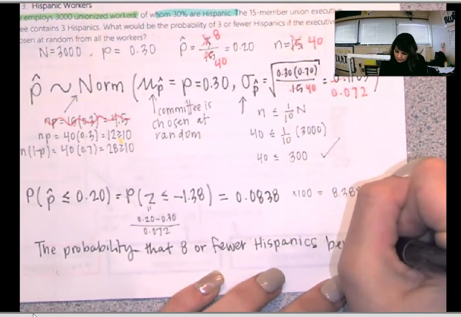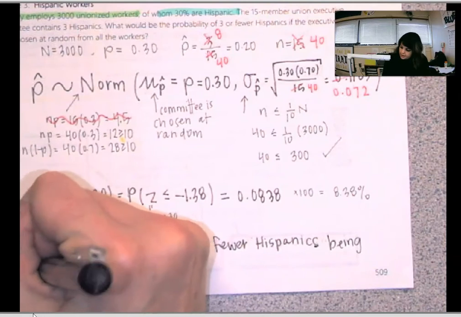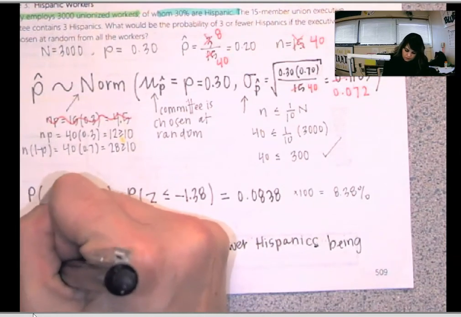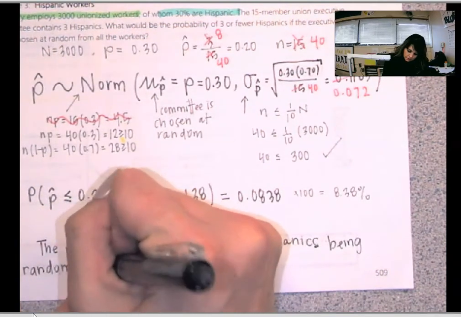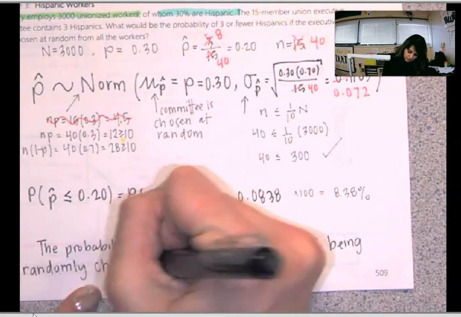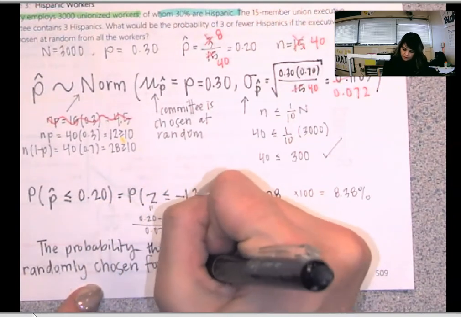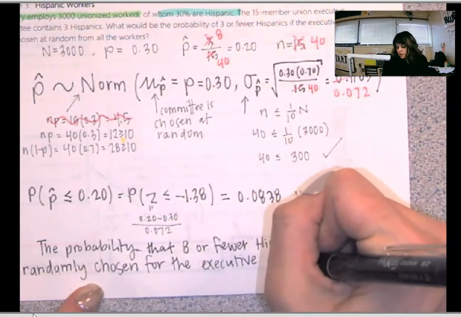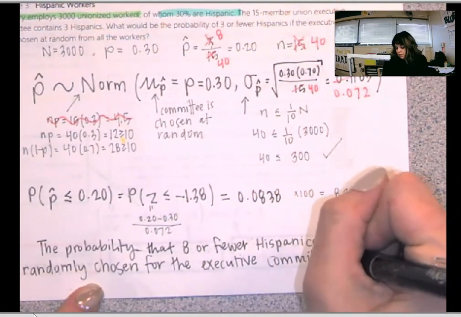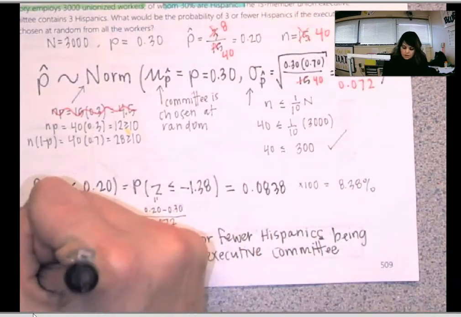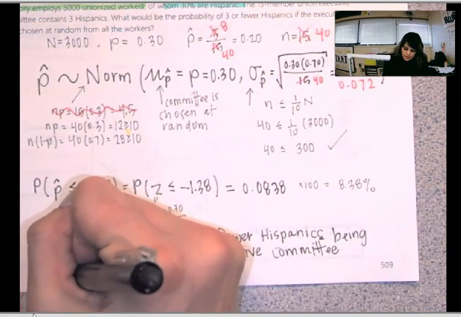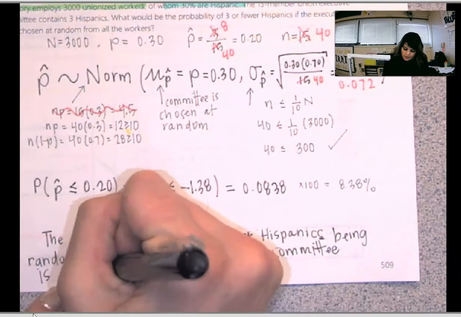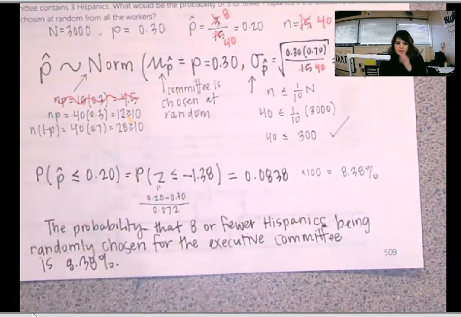being randomly chosen for the executive committee is 8.38%. So that's not unreasonable.